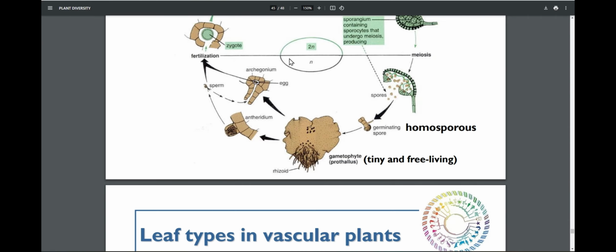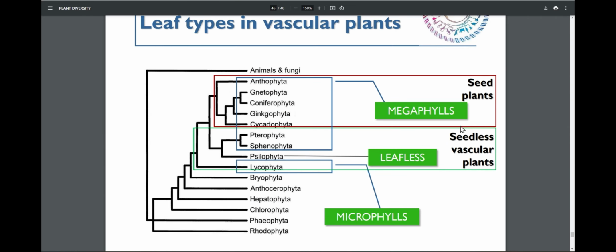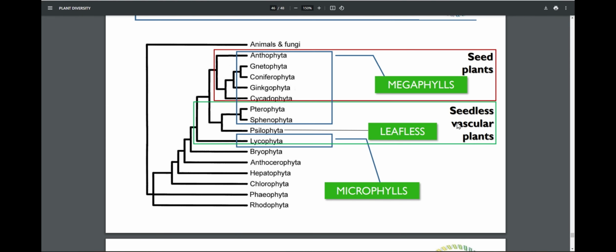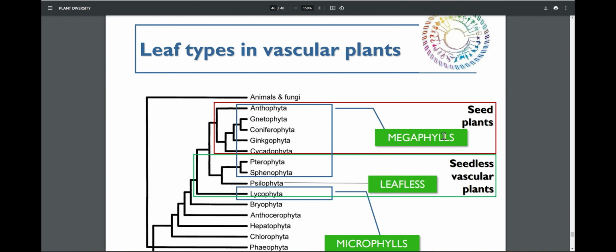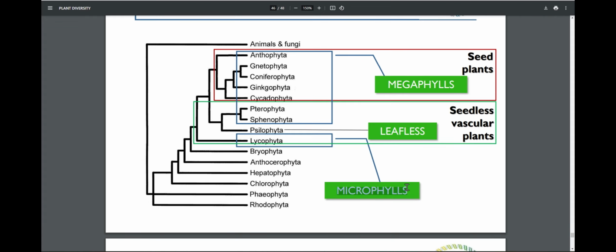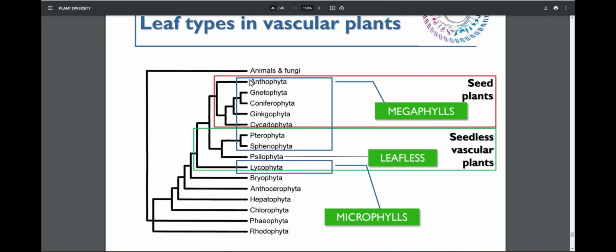Okay, so this is a bit of a conclusion for the ferns and their friends. Microphylls are really only present in Lycophyta, while Psilophyta is the odd one out, leafless, and the rest of these are megaphylls, highly branched, with leaves that are big and broad with highly branched vascular tissues.